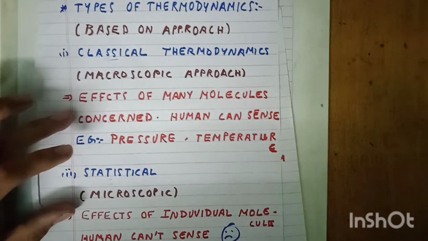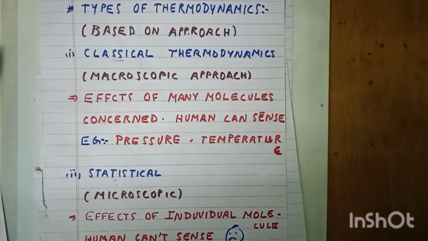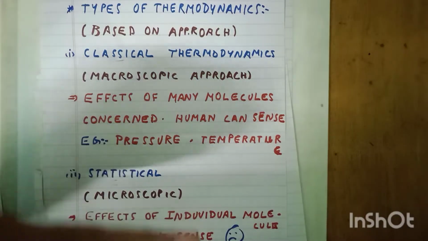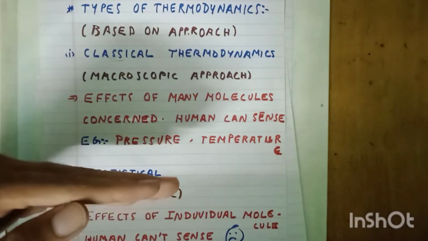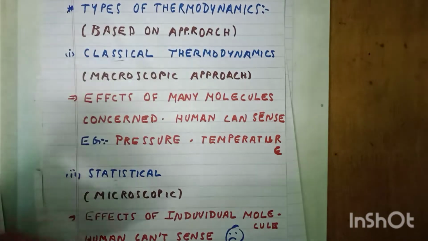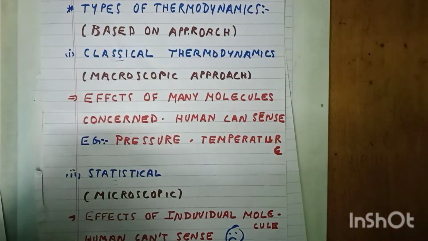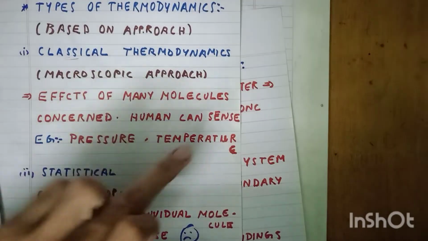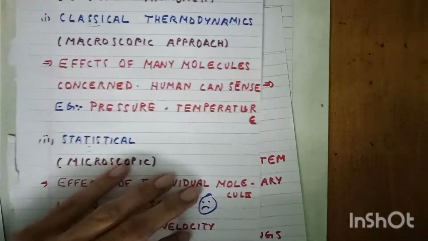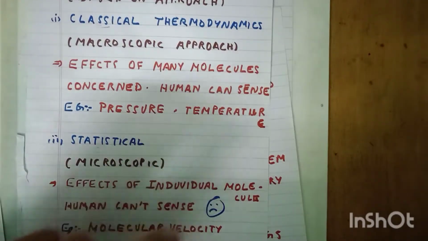Classical thermodynamics is where, while studying the machine, the effects of many molecules are considered, and it can be sensed by humans. The examples are pressure and temperature.